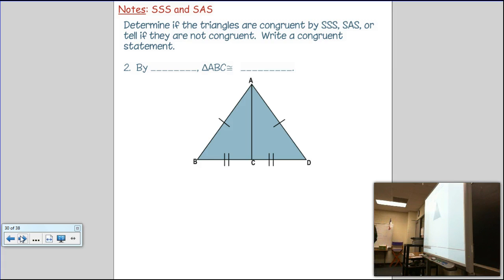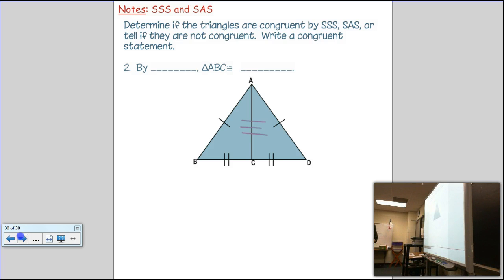The only time we're allowed to add things to our picture is when we have a shared side or vertical angles. Do you see a shared side or vertical angles? What side is shared? AC. AC is the correct answer. So put 3 tick marks on side AC. It's called a shared side. Remember how we practiced it right above? We've already practiced it.